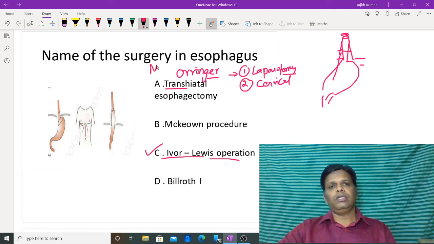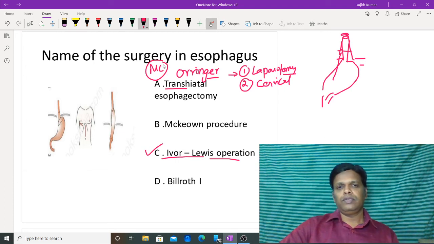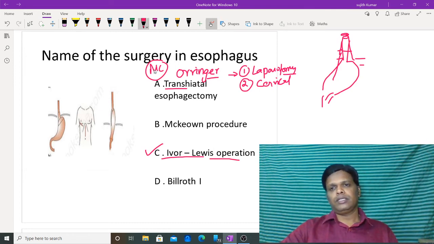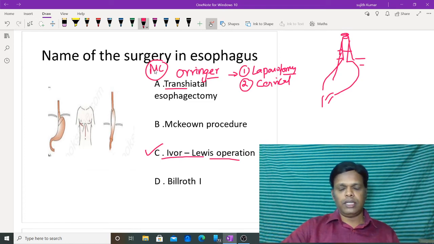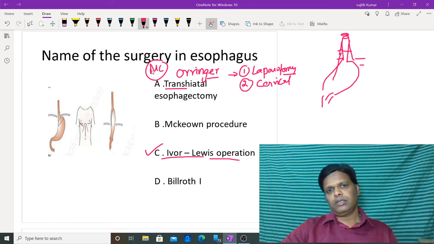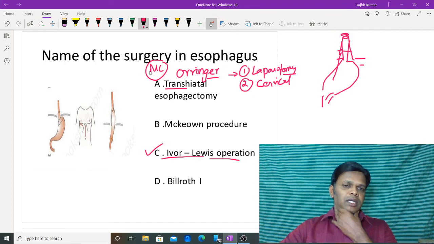There are two incisions, one laparotomy and another cervical. After laparotomy, you mobilize the esophagus and the gastric pull through, and through the posterior mediastinum you take the stomach and anastomose it to the cut end of the esophagus through the cervical incision.